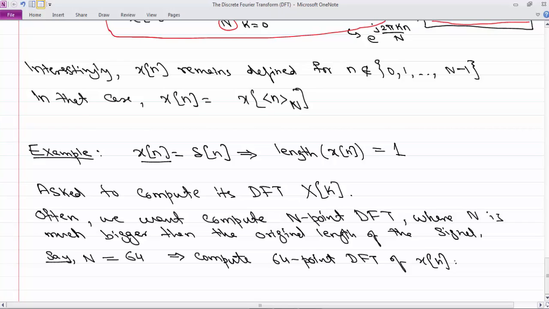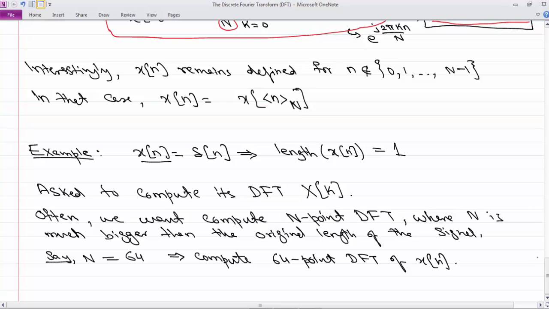We talked about it earlier, that a superficial way of increasing the length of the signal, from the perspective of how things are stored in a digital system. If it's x[n] equal to delta[n], you only need to store one number.